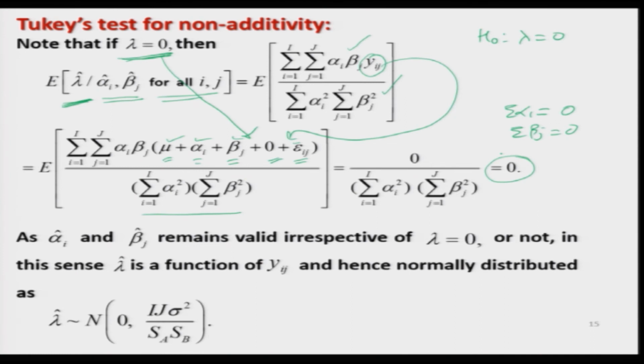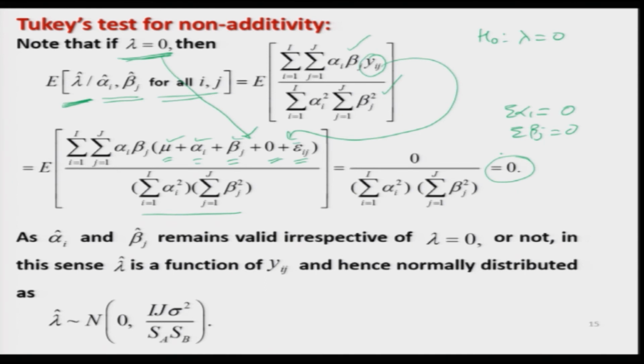And you have to now understand that lambda hat is only a function of y I j, and lambda hat has a mean 0 whether lambda is equal to 0 or lambda is not equal to 0. That means, either H naught is true or H naught is not true, right.